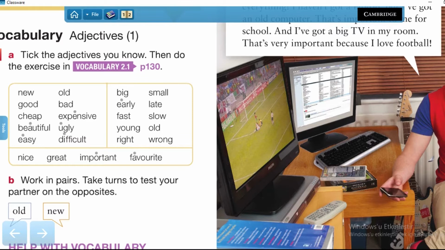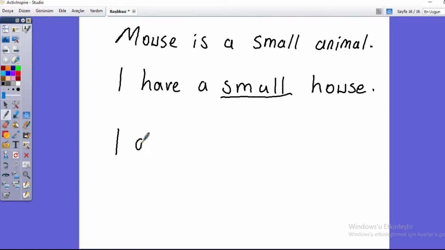Let's say I always get up at 7 o'clock. So, I am an early bird because I always get up early. Let's write it. I always get up early.